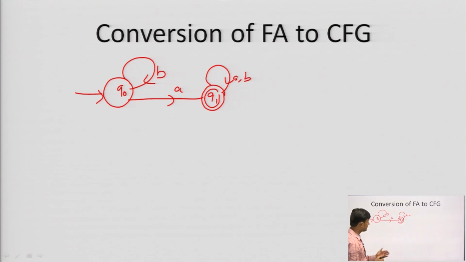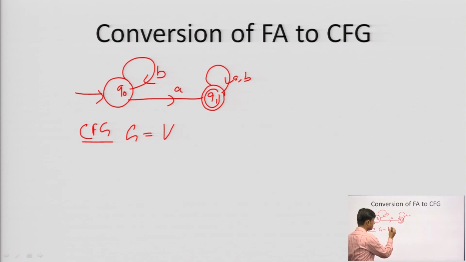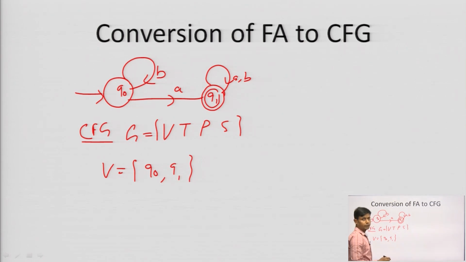We already discussed that all states in the finite automata will belong to V. We know a grammar has 4 tuples V, T, P, S. Now see, in this V it will be Q0, Q1. Q0 and Q1 are the states of the finite automata, so they are in the V set.